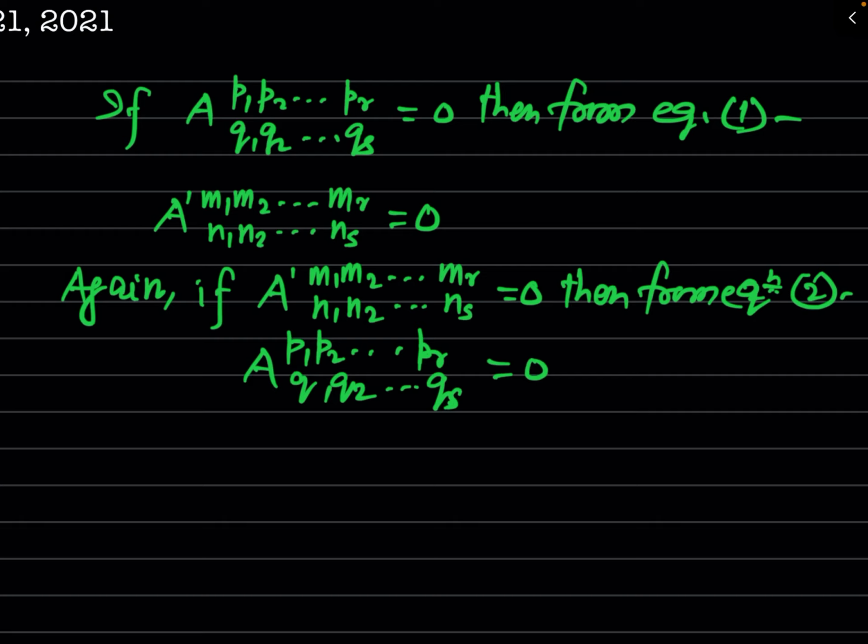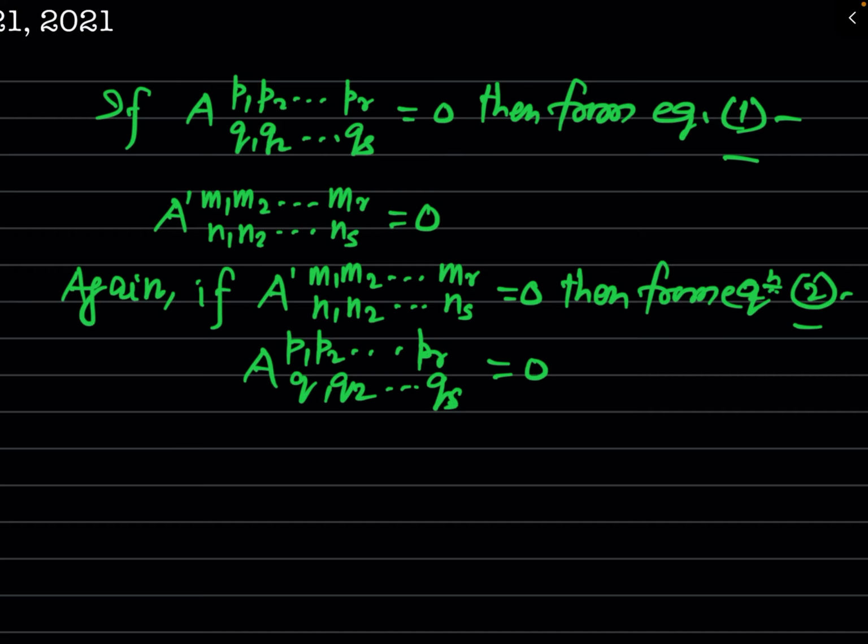So in accordance with the structure of equation 1 and equation 2, you can easily see that if the components of a tensor vanish in one coordinate system, then they necessarily vanish in all other admissible coordinate systems.